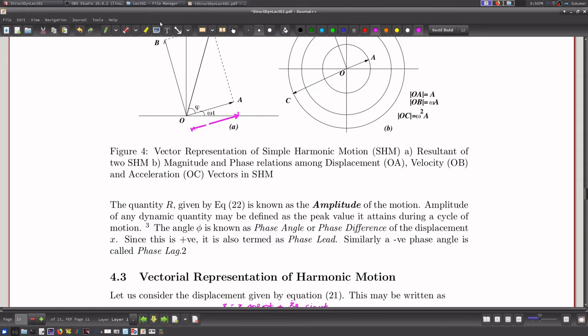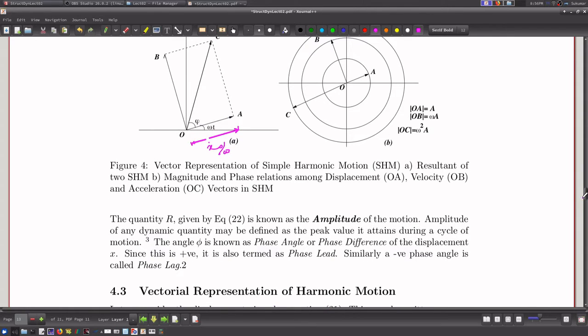Say this length is my x dot naught by omega. In that case, this quantity, x dot naught by omega into sine omega t, can be taken to be the y component of this vector, which is rotating with a circular speed of omega, and it has rotated over a time t.